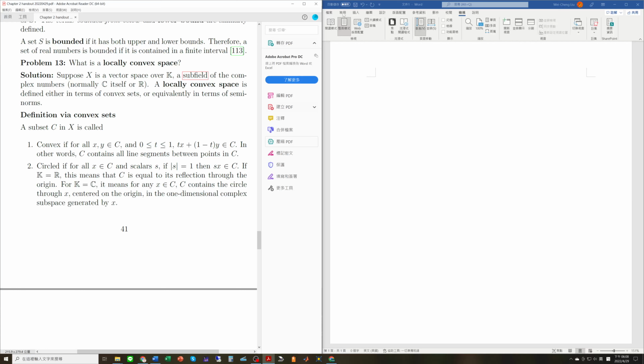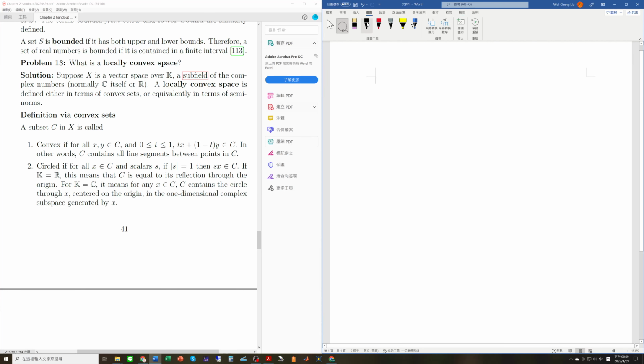Now let us assume the simplest case. Suppose K is equal to R, the set of real numbers, and X is also equal to R. So X is also the set of all real numbers.